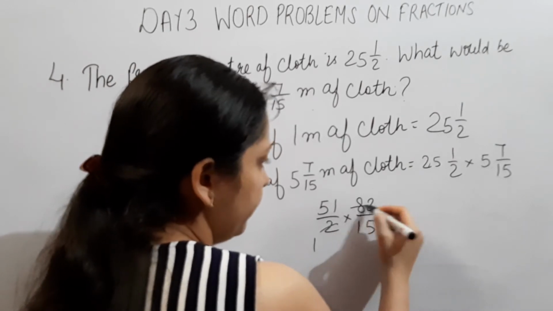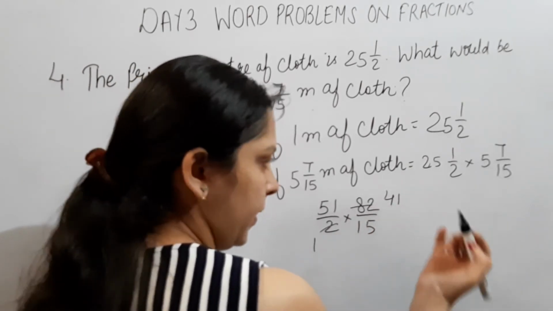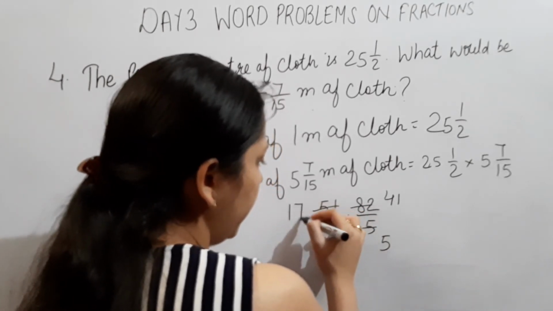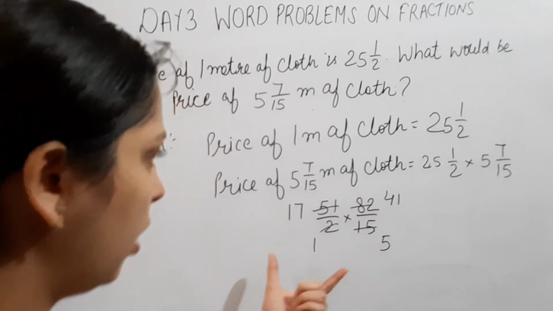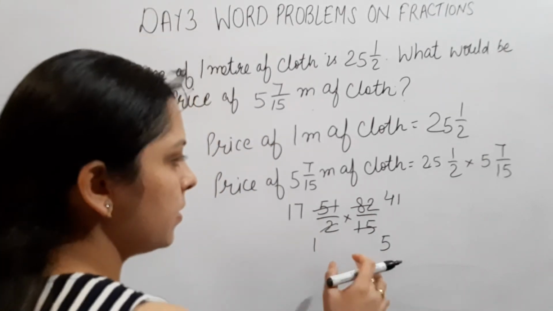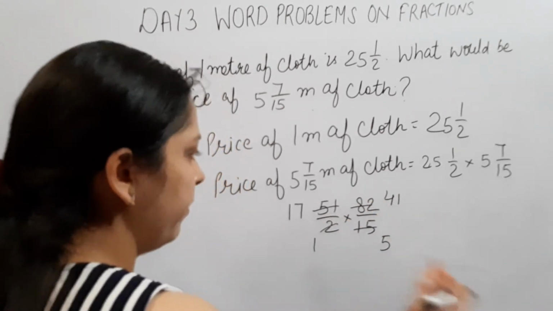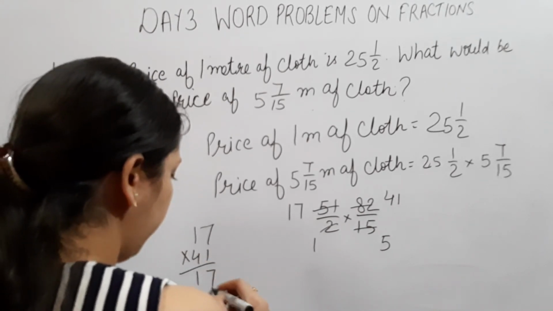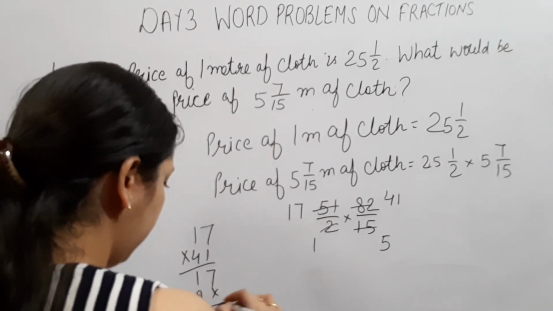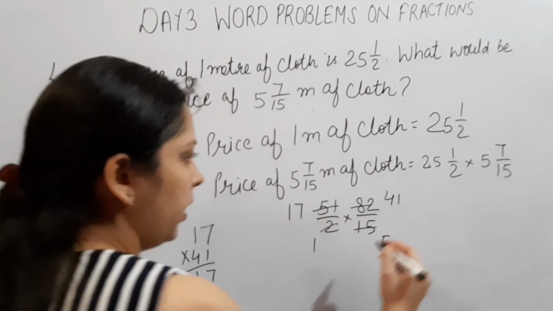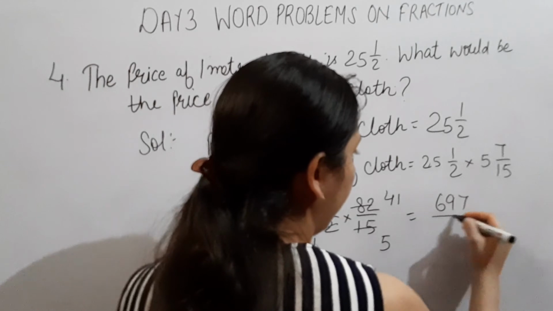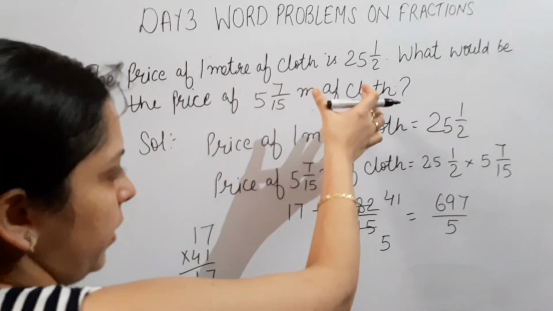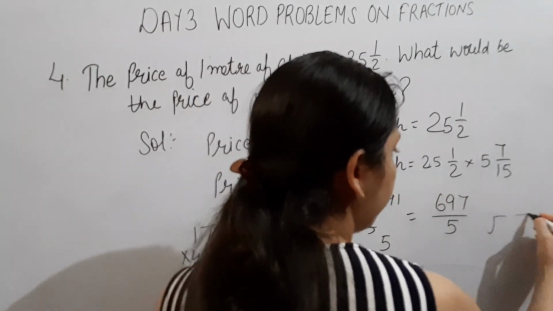Now I have nothing to crisscross, so I will multiply it. 17 times 41 is 697 by 5.